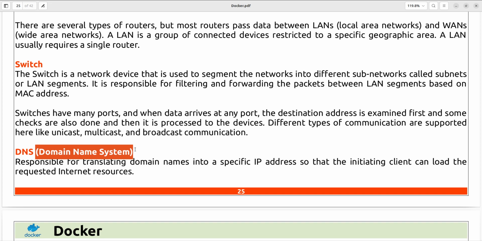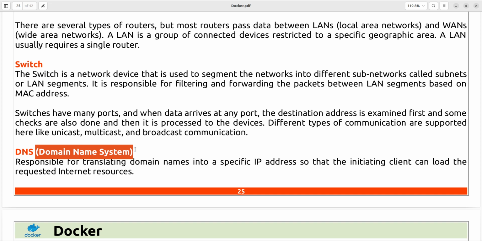For that purpose, they are following one concept, a type of phone book. They are mapping, and the mapping job is done by DNS. They are mapping the IP address with some logical name, so that if you call that logical name, it will resolve to the IP address.